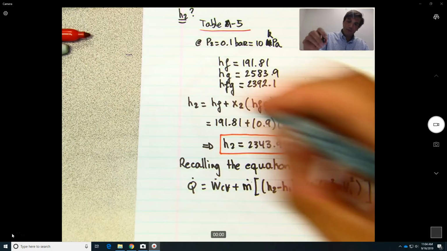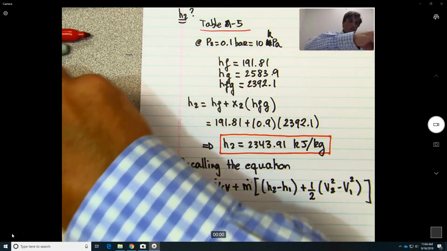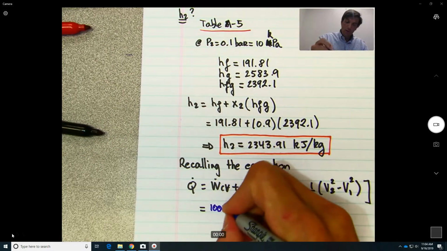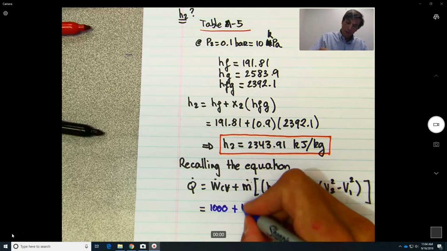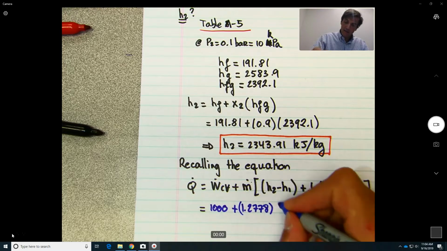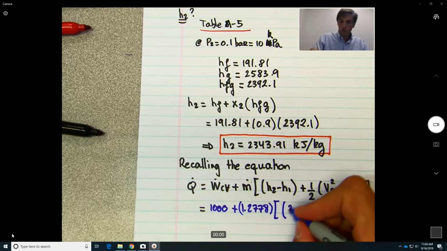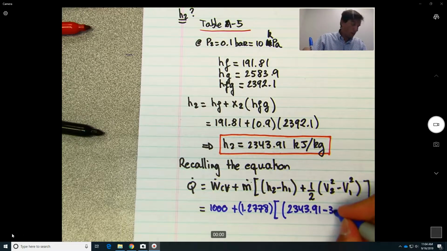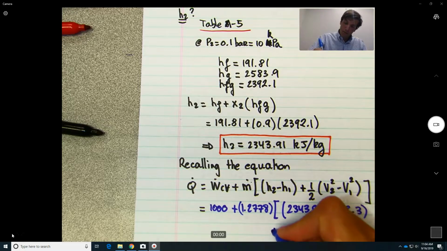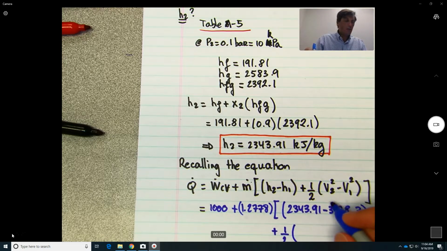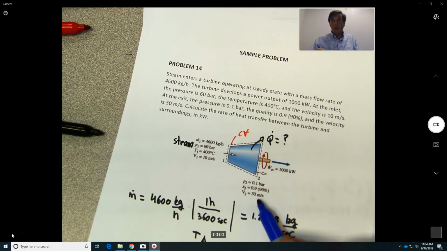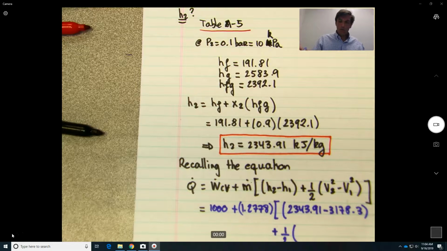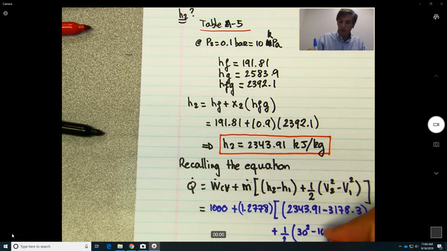So this is going to give us 1000 plus 1.2778 times the factor of H2, 2343.91, minus H1, which was equal to 3178.3, plus 1/2 of V2, which is equal to 30, and V1 is 10, so 30 squared minus 10 squared.